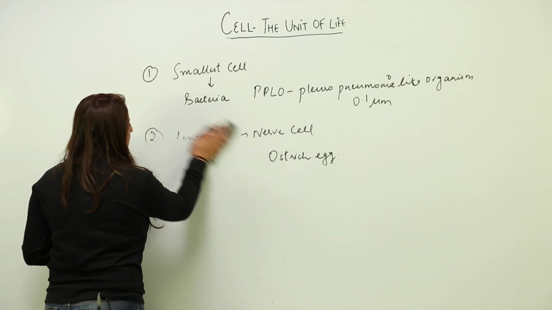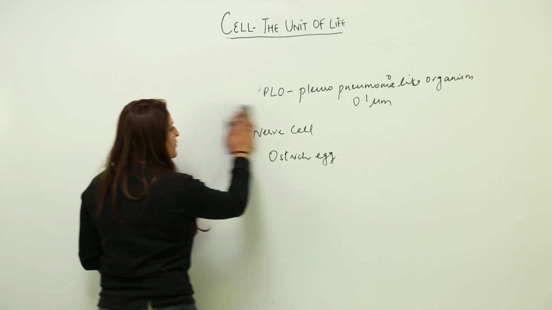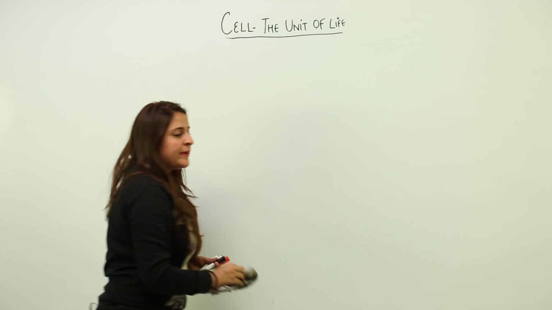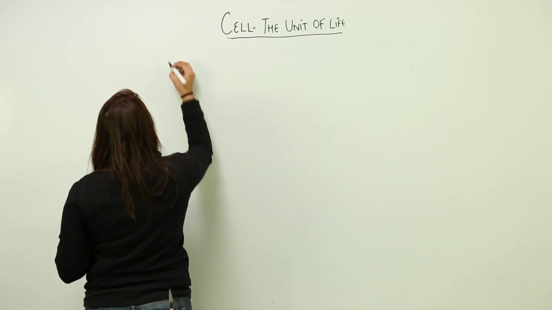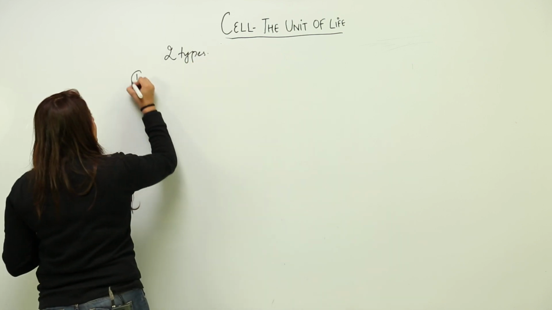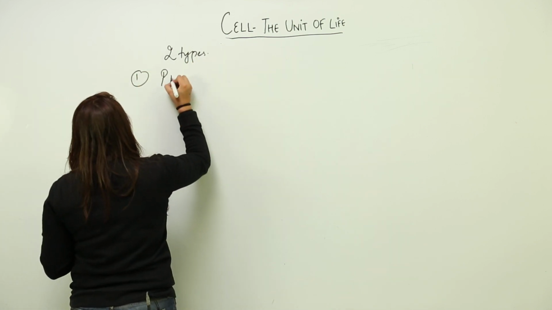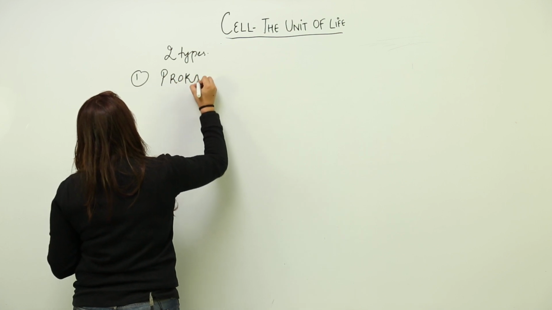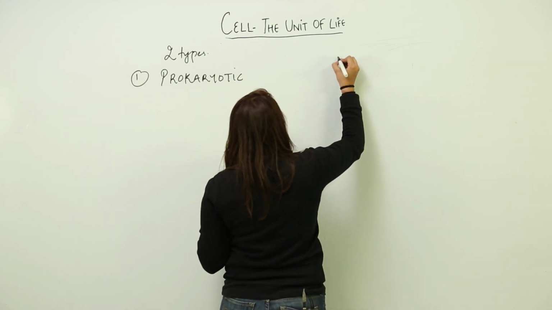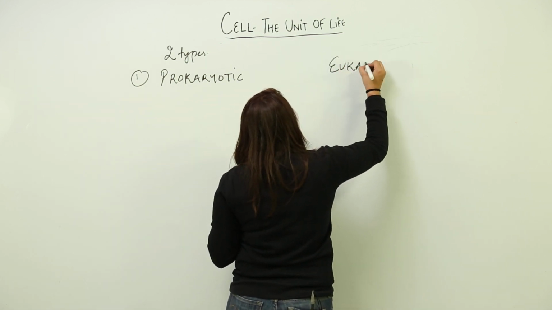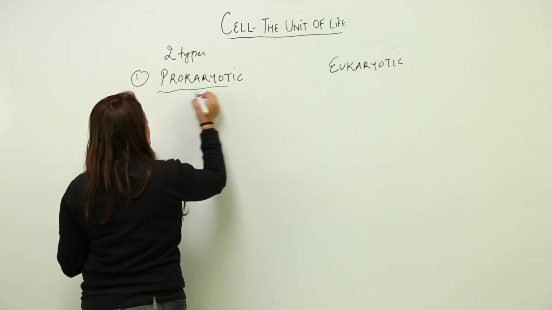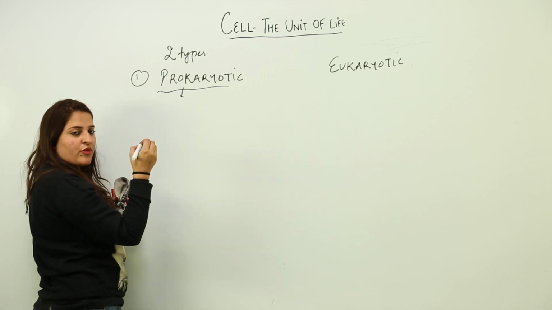Now let us move on to various types of cells. There are basically two types of cells. One we classify as prokaryotic, and another category of cells are eukaryotic. Prokaryotic means primitive type of cell.